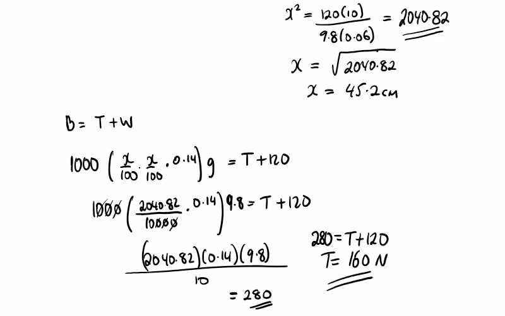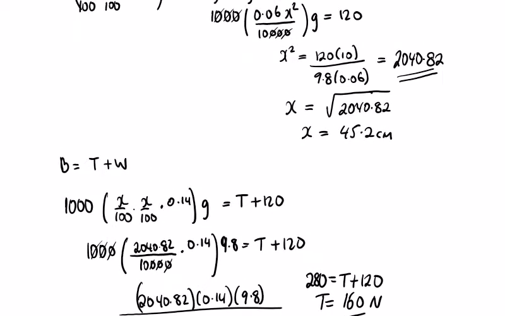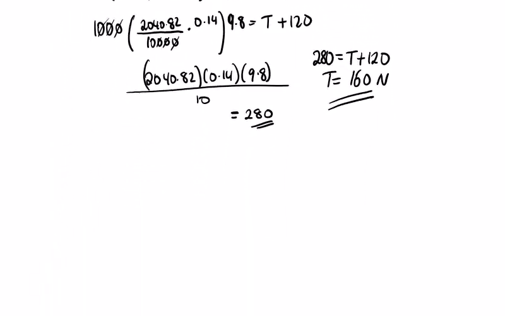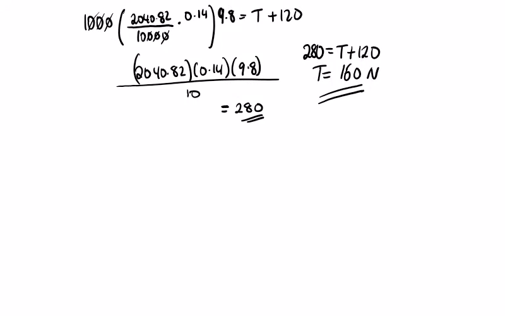And in part 3, what did they ask us? Find the density of the body. Okay, let's look at finding the density. The density of the body in part 3 of the question. Rho Vg, buoyancy is going to be equal to the 120.